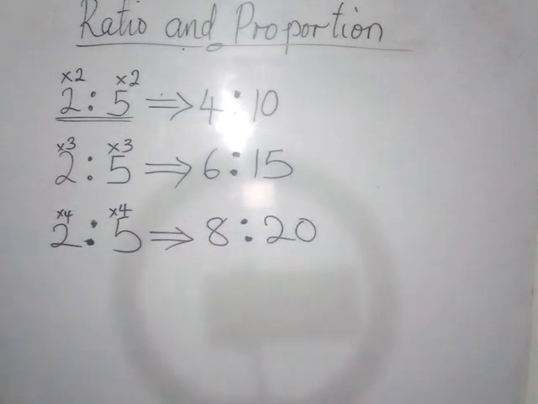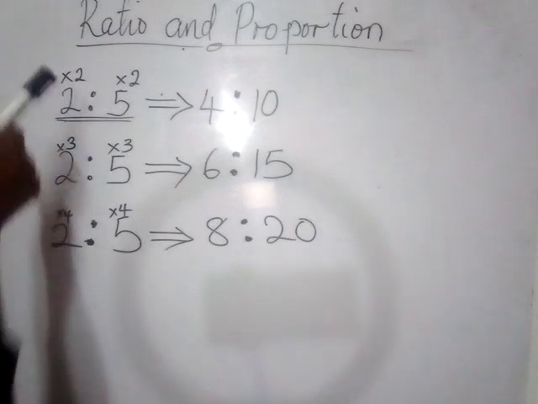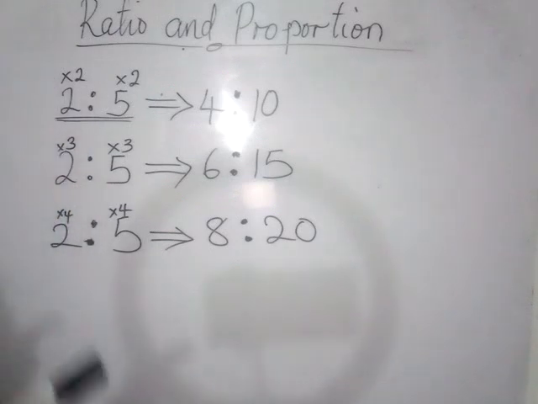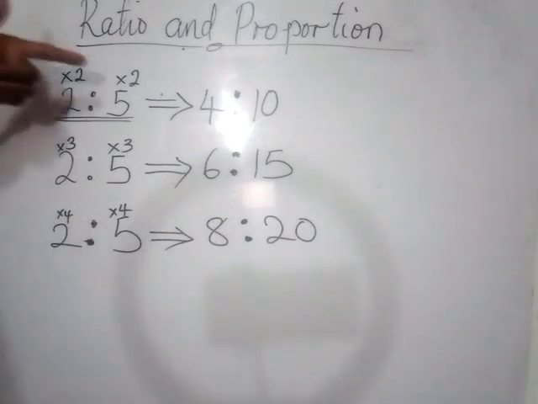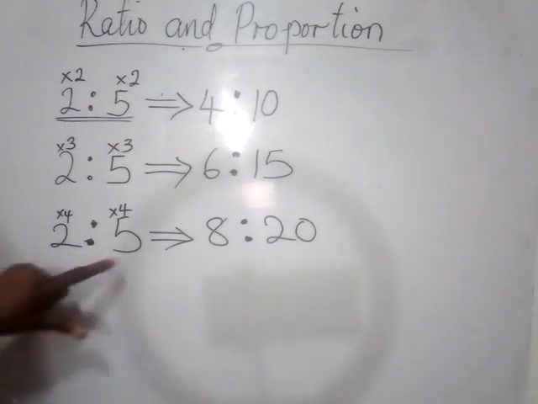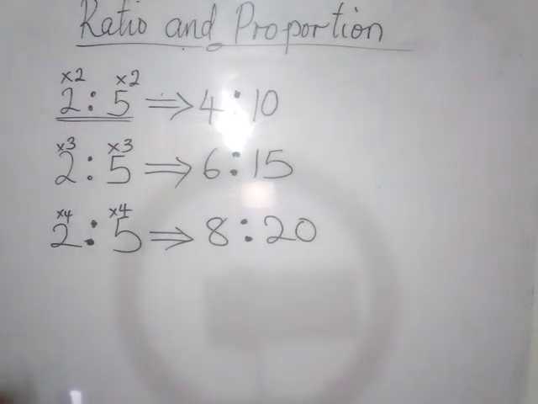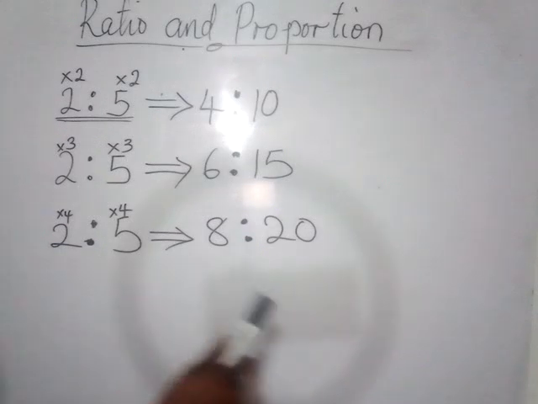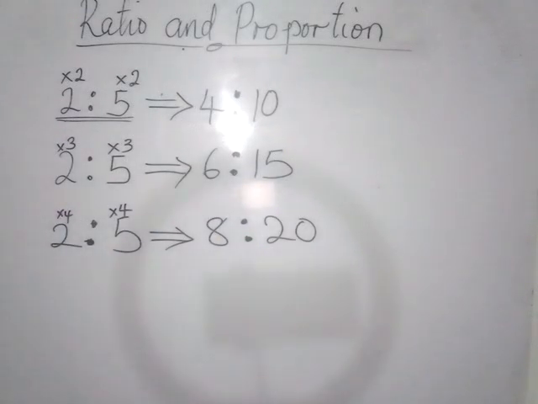Now if you look at this, we just kept on multiplying them with different numbers. Here we use 2 to multiply the two of them, here we use 3, here we use 4, just like that. So as long as we keep multiplying these two numbers representing this ratio with a particular number at every stage, whatever answer we get is an equivalent of this ratio. It's just the same way it works with fractions.